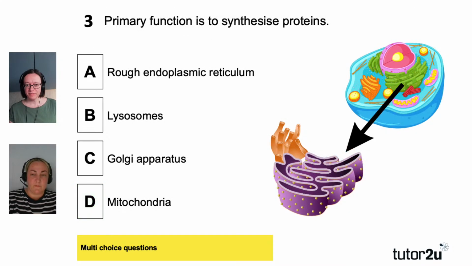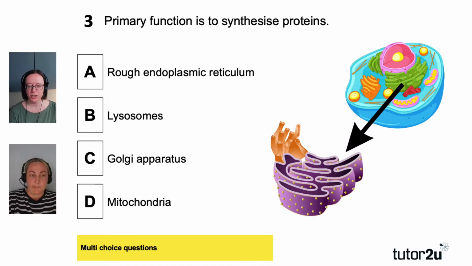Okay, next one. The primary function of this organelle is to synthesize proteins, and that picture is like a folded kind of structure that's studded with something. So is this A, the rough endoplasmic reticulum, B, lysosomes, C, Golgi apparatus, or D, mitochondria?